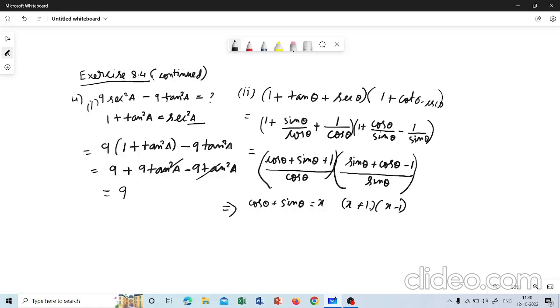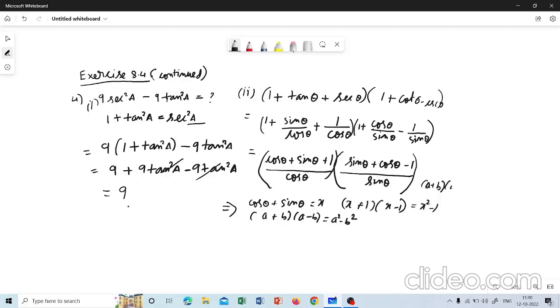So you would have guessed it. This is an identity we can use, that a plus b into a minus b is equivalent to a square minus b square. This is an algebraic identity. So using that I can write this directly as x square minus 1. So x square is nothing but cos theta plus sin theta whole square.